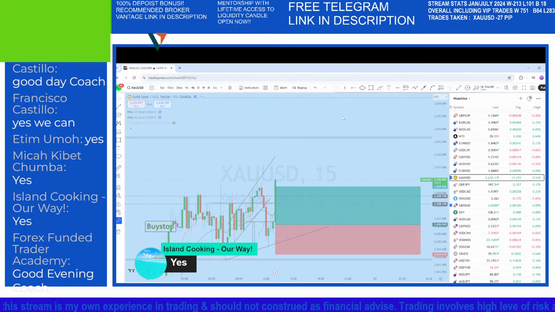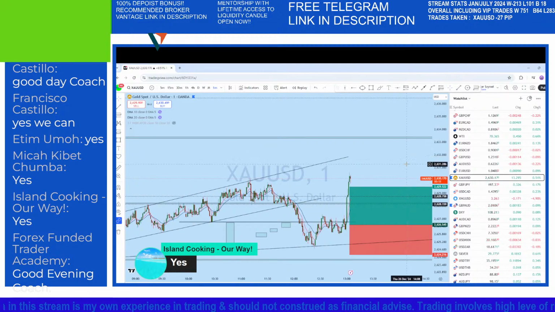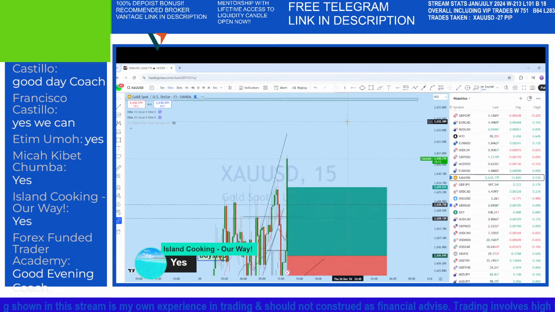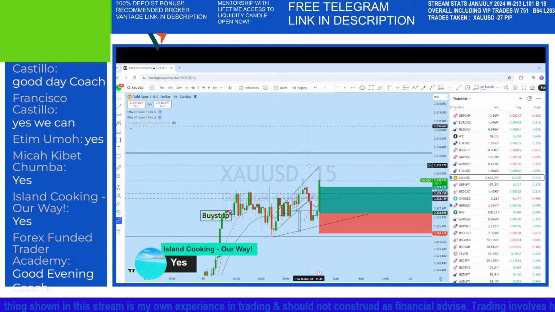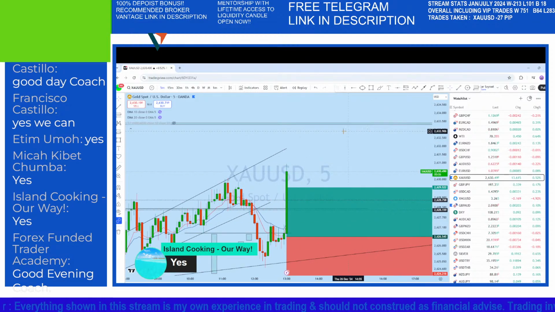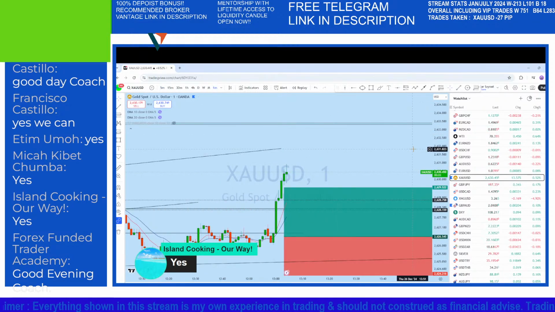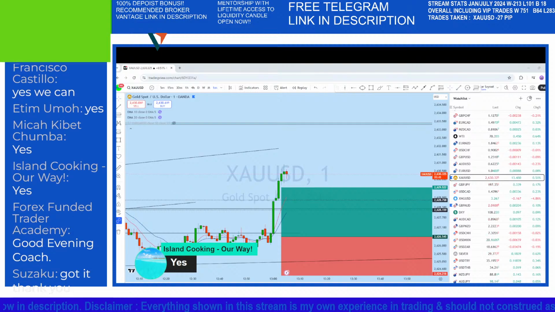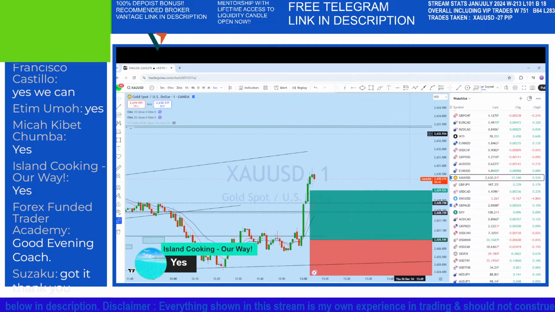The key here is to look for, okay, you can see the market still improving in that direction. So you can see a narrow candle formation here.